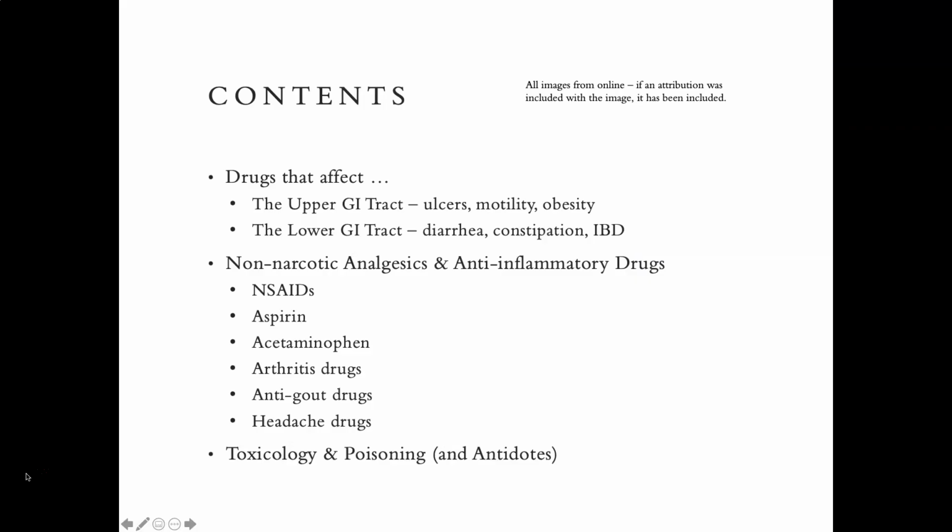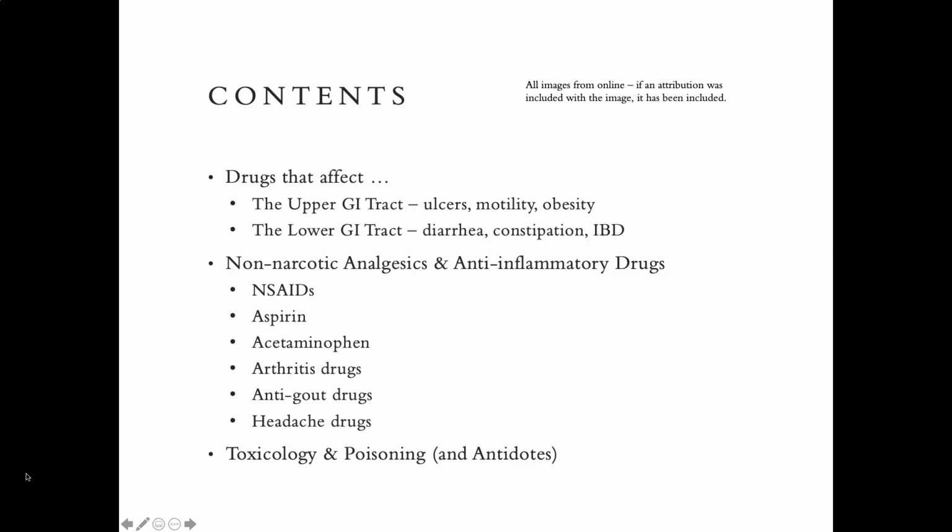What we're going to cover this week as we talk through this PowerPoint are drugs that affect the upper GI tract, specifically ulcers, motility, and obesity, and drugs that affect the lower GI tract: diarrhea, constipation, and irritable bowel disease. Then we're going to move into talking about non-narcotic analgesics and anti-inflammatory drugs.